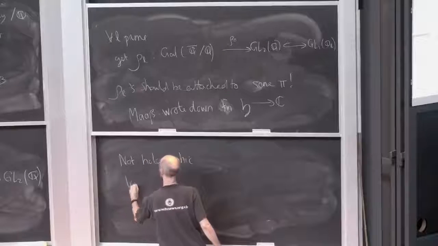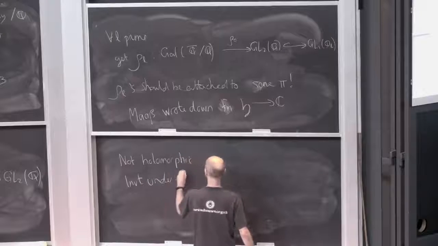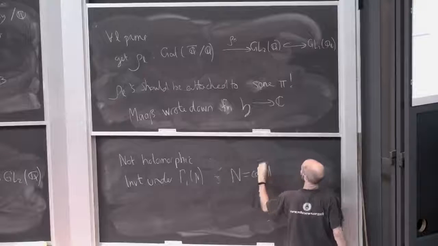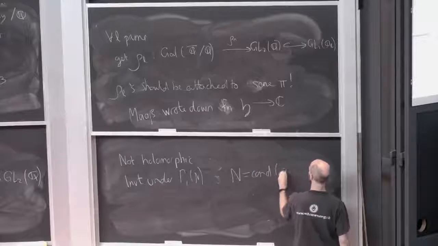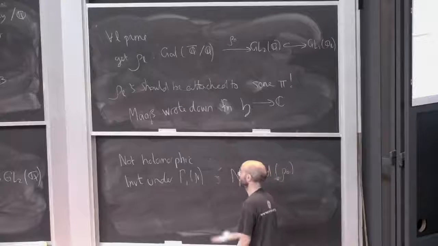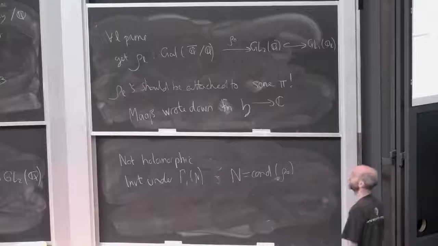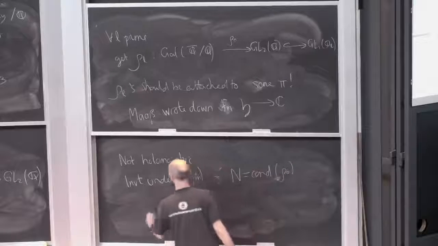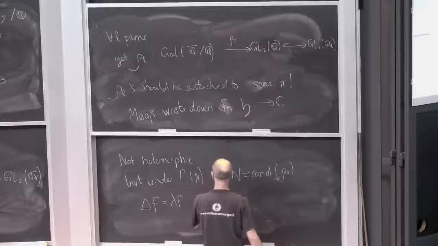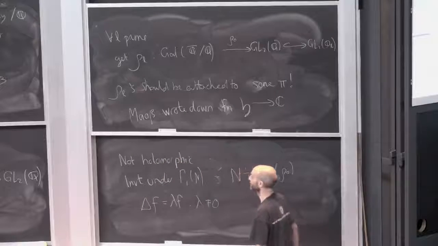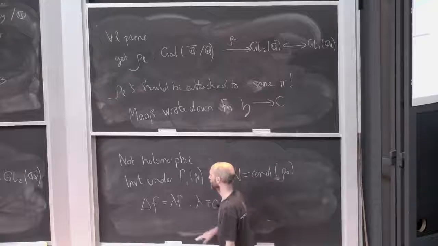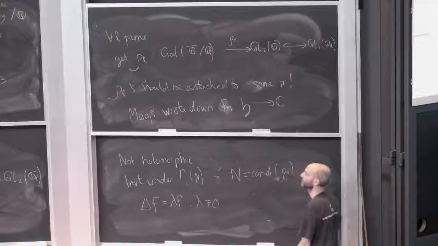It was invariant under some Gamma_1(N), where N is the conductor of rho 0, and somehow everyone realised that he'd done something. But somehow the Laplacian of f was just lambda of f, and lambda wasn't 0. So this is when you realise that not only do we have to move on from holomorphic forms, but also maybe as long as they're eigenvalues for this Laplacian, maybe we're in good shape.